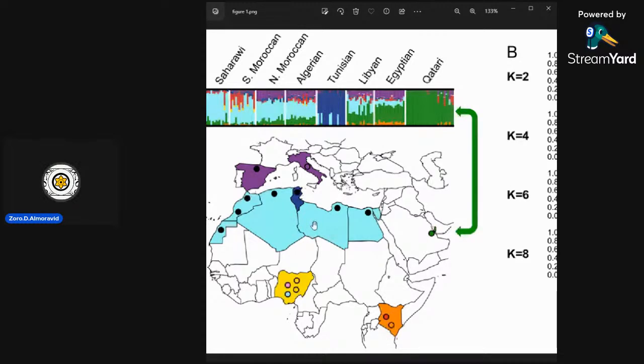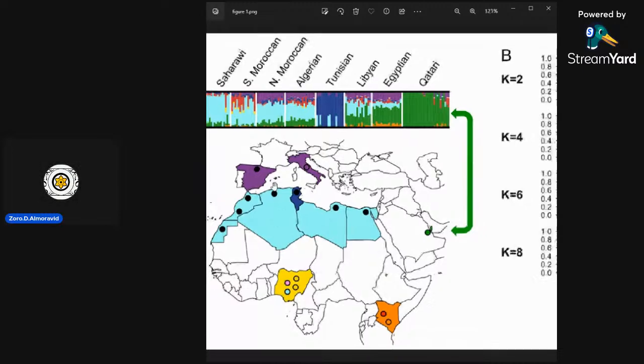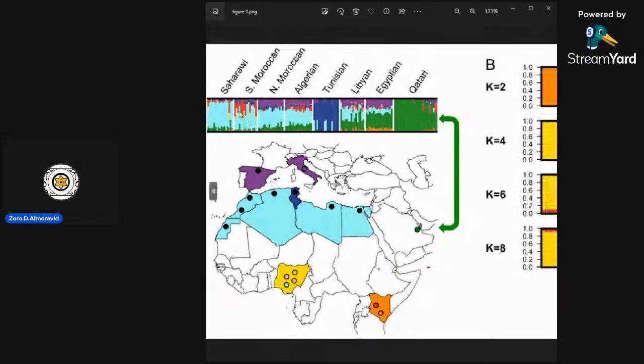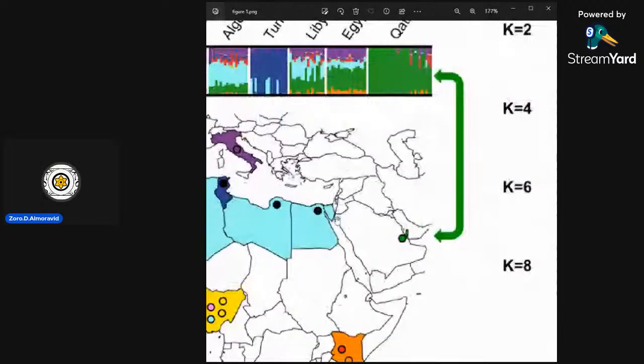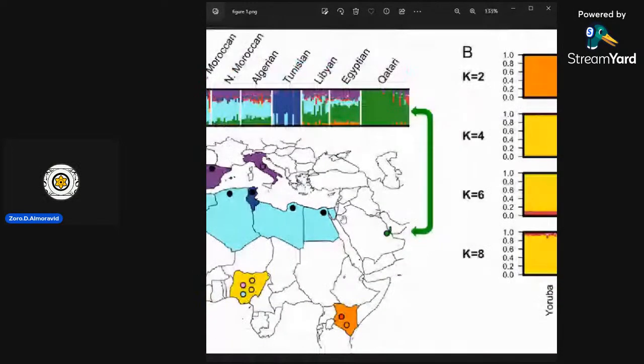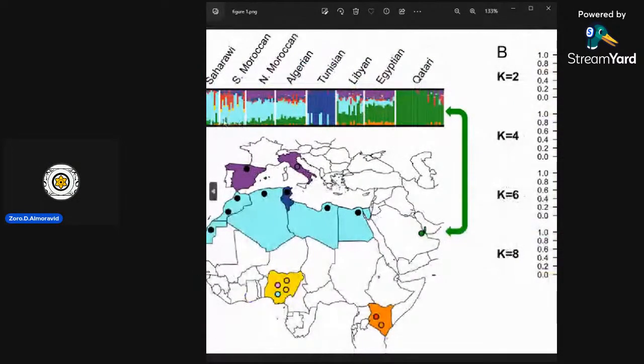So, for example, the Irish, according to DNA genome sequencing, they have found that they are descendants of people that traveled all the way from the Middle East to Ireland. Doesn't mean they are Middle Easterners.